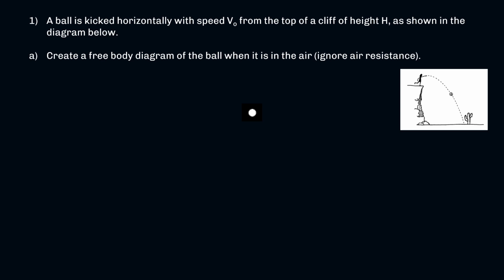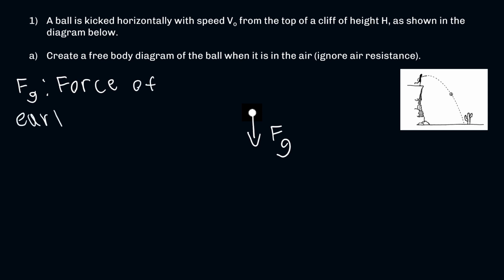And again, that's going to be straight down, because last time I checked, if I drop something, it's going to fall straight downwards. And again, Fg is the force of Earth on the ball. And that should be it.